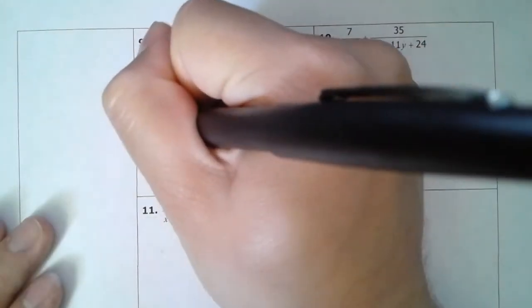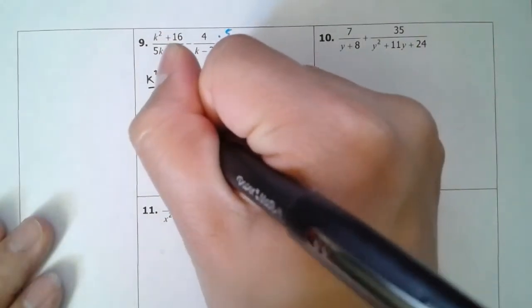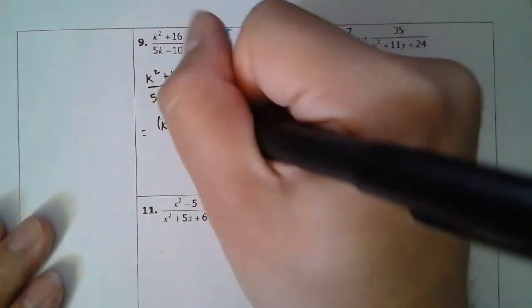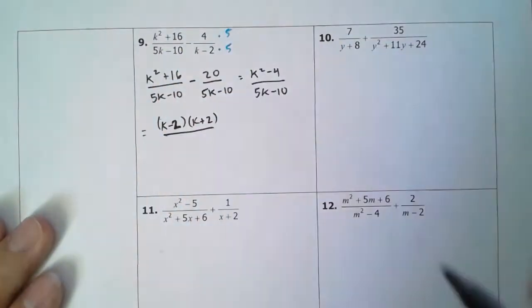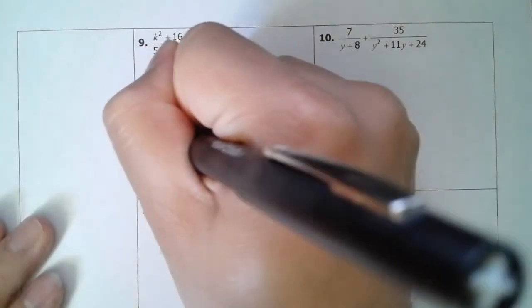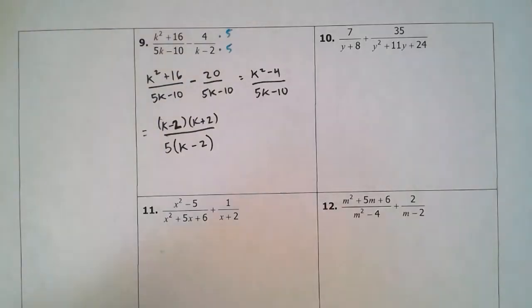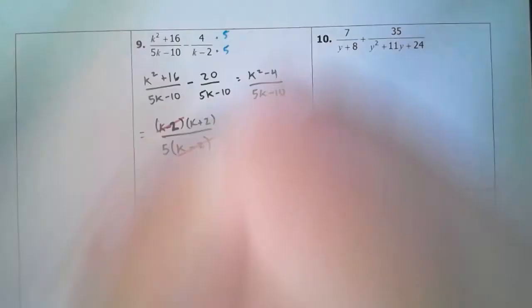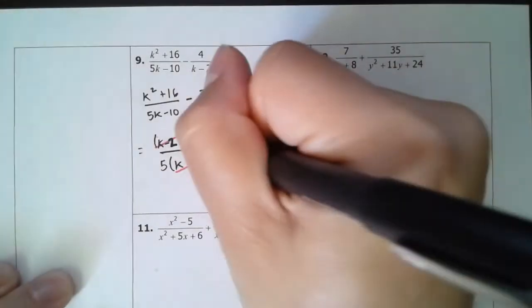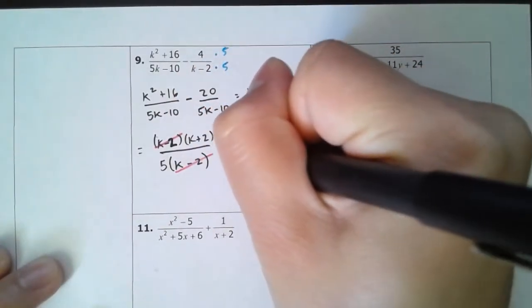So you've got k minus, whoops, not minus 1, minus 2, k minus 2, k plus 2, over, and then I can factor out a 5 from the denominator. I get 5 times k minus 2. These guys are going to cancel, so I get k plus 2 over 5.